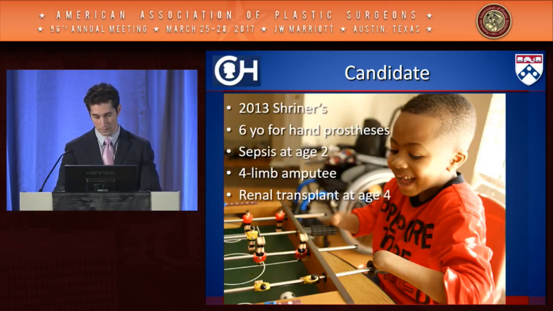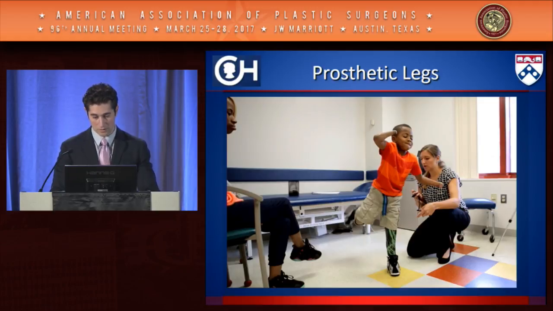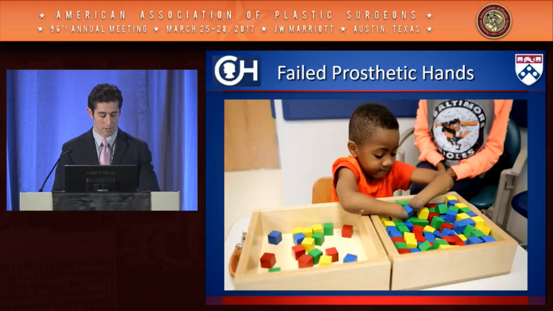Zion Harvey was healthy until the age of 2, when he had staphylococcal sepsis, resulting in renal failure and quadrimembral amputation. At age 4, he received a renal transplant from his mother. He was doing well with lower extremity prostheses, as you see depicted here, and he was ambulating without assistance. However, with the hands, it was a bit of a different story. He had failed hand prostheses, and despite his best efforts to use them, again felt that he was better off without them.